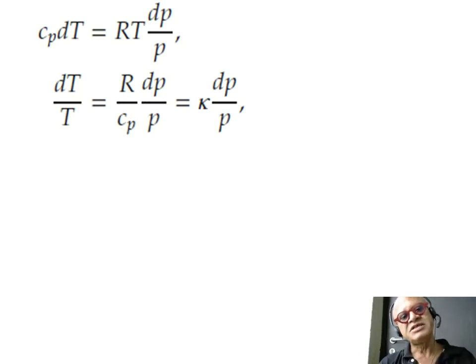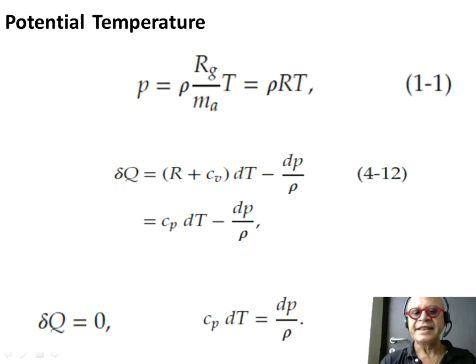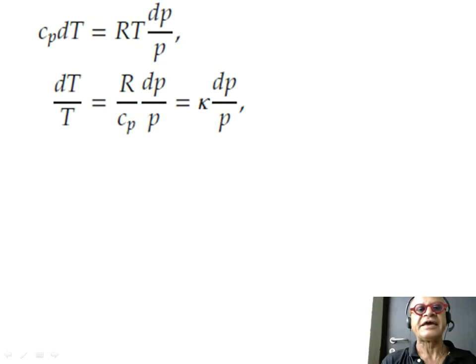So Cp dT is RT dP over P, because we are just substituting the ideal gas constant for rho, and as soon as you see this, you know that that's going to lead us to a log relation.